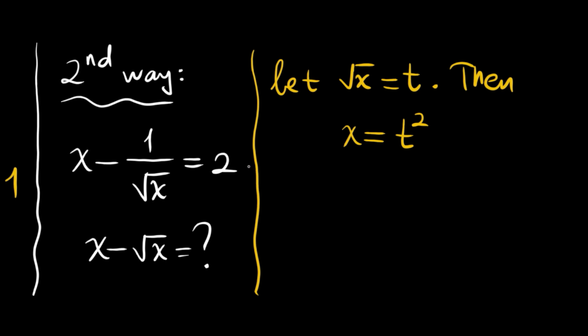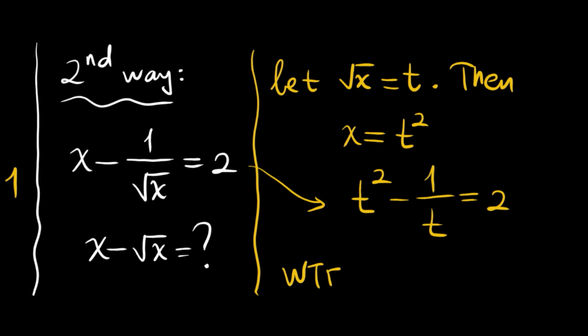Now writing our original expression again, x = t² and √x = t, so (t² - 1)/t = 2, and we want to find t² - t.